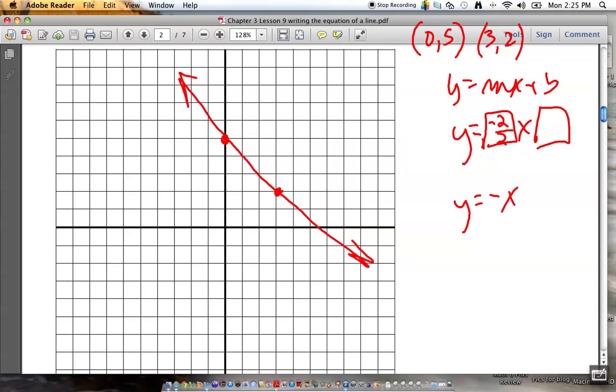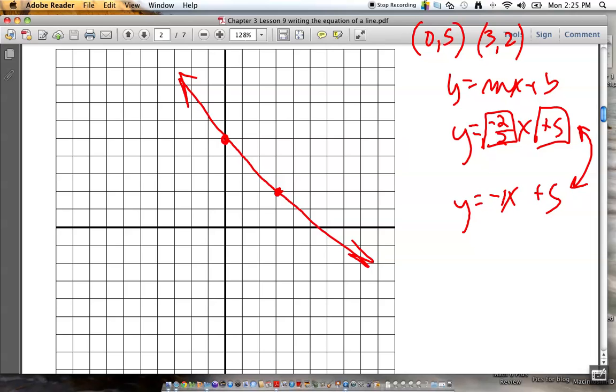Now, what's the y-intercept, everybody? 5. These two answers are the same. They are both completely right. What is 2 over 2 reduced to? 1. And what is it when you don't write a number in front? 1. Now, you could put a 1 there, and that works too. Now, are there any questions on how to do this one?